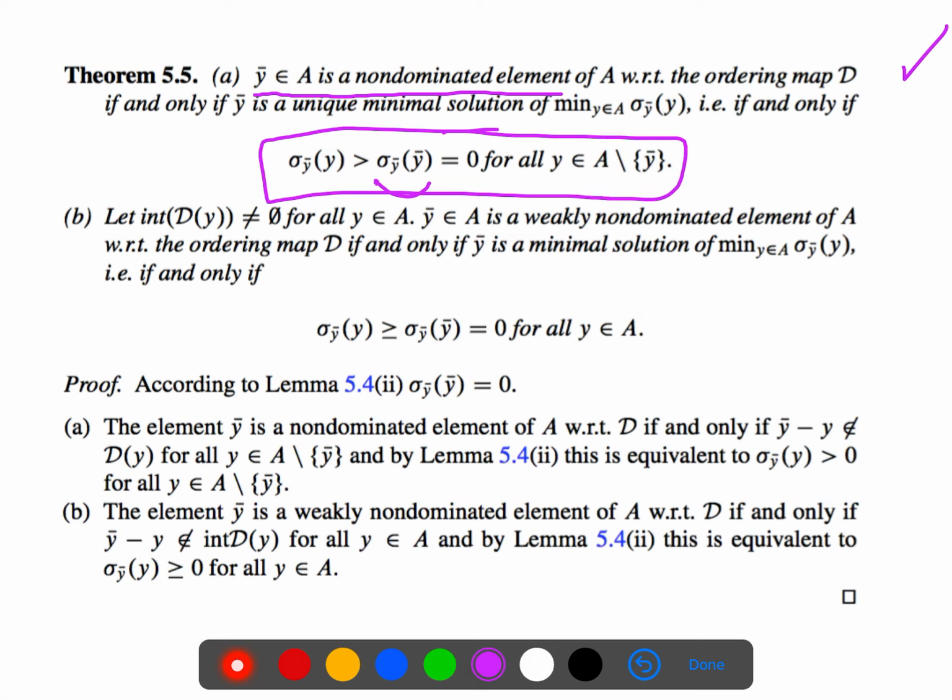For example, in the case of Pascoaletti-Serafini, you just put t equal to 0 for y bar, which is a non-dominated element. And then you can say that y bar is a non-dominated element, and it is a unique minimal, so they both coincide. It is both a minimal element as well as a non-dominated element.